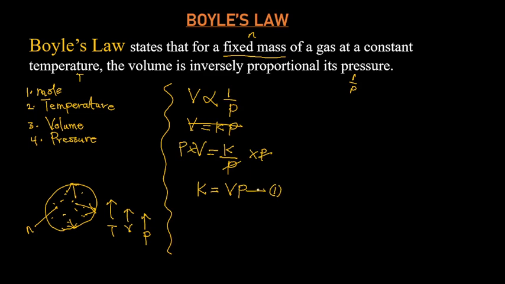So from Boyle's law, we are saying that the product of the volume of a gas and its pressure will give us a constant. So when we are considering two separate conditions under fixed moles and fixed temperature, then the product of the volume and the pressure will always be the same. That is what it means.